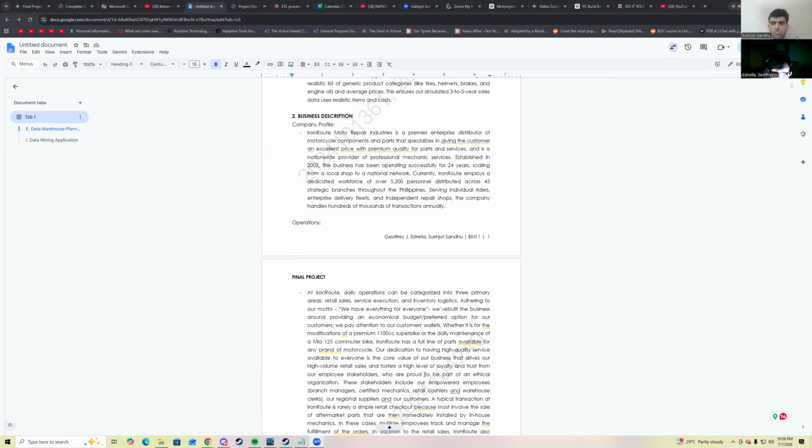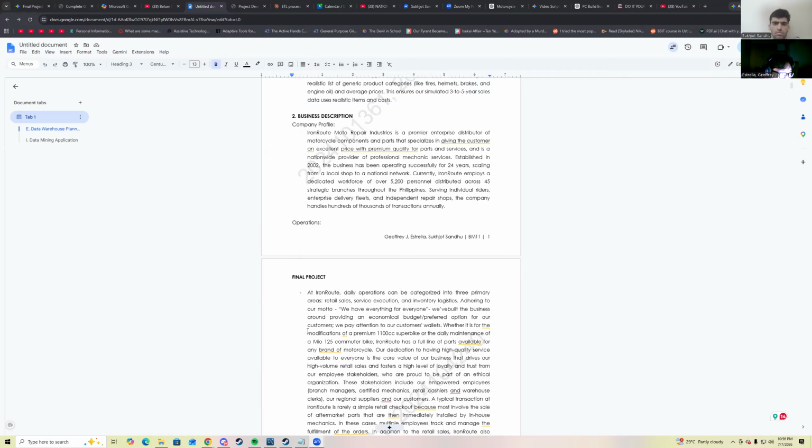A typical transaction here is rarely just scanning a barcode at checkout. A customer might buy several aftermarket parts, have those parts immediately installed by our in-house mechanics, and then pay using a finance installment plan.